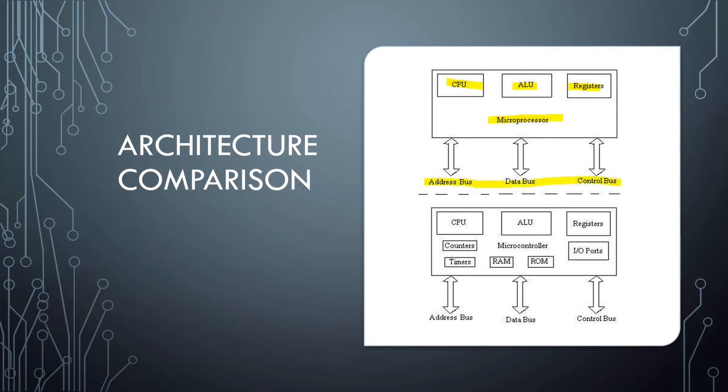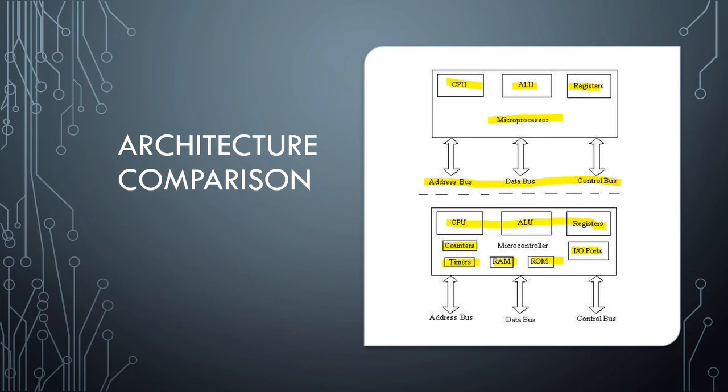Whereas a microcontroller, we can easily see it has a lot more components in it. Like the microprocessor, it has a CPU, the ALU, the registers, but a microcontroller, if you'll remember, is more of a standalone unit. It does not have to depend on anything else to function. It also contains counters, timers, RAM, ROM, and I/O ports, or input-output ports.